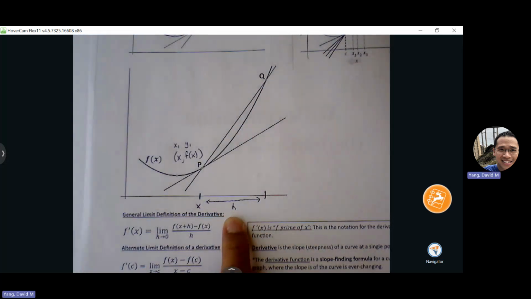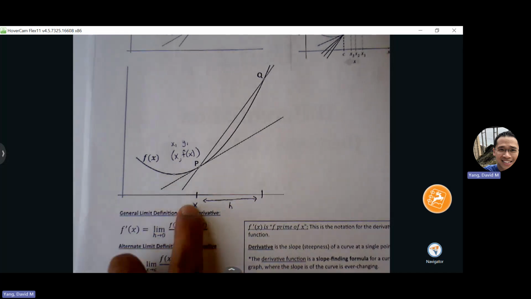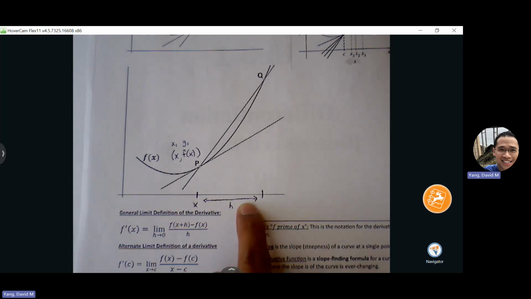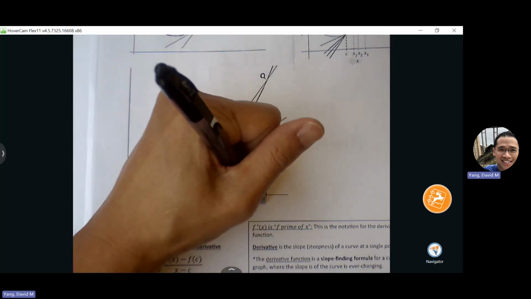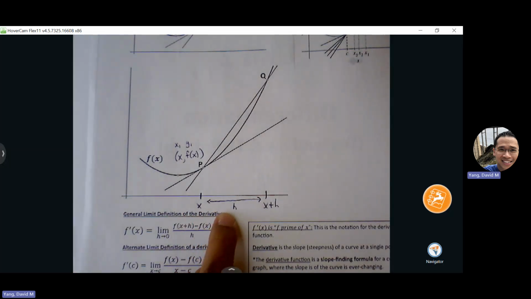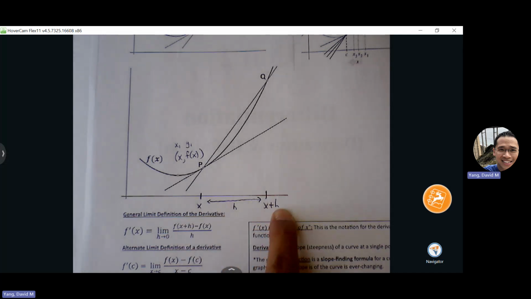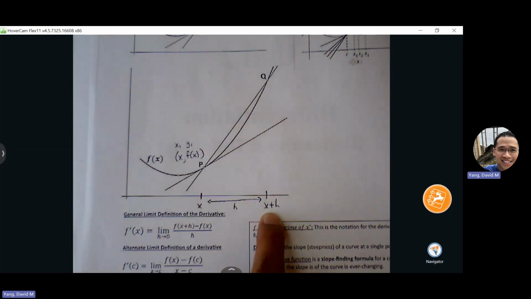Eventually, we're going to shrink that h down, but let's just give it some certain distance away. So if this is x, and I want to be h units away from x, what is my new x value going to be over here? x plus h, right? Imagine this is 2, and then plus 3, that ends up being 5. But we're letting variables hold that place. We want that flexibility to be any point at all. So let's let the x value for point Q be x plus h.